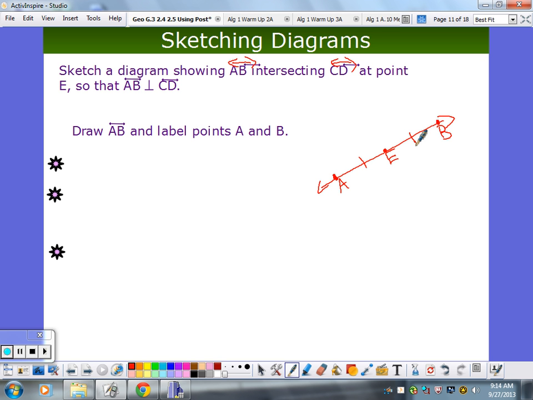We can just erase those little lines. Everything else is fine, but I don't think we know it's a midpoint.